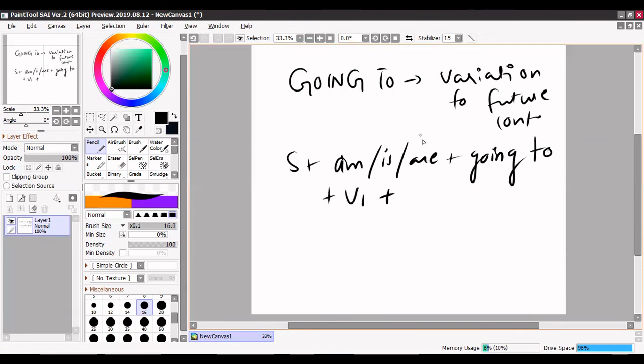Okay, so instead of present continuous, we are going to cover the going to formula. This is also part of the future tense, but it's a specific form that we'll stick to. When we're changing it into passive, it becomes subject plus am, is, are plus going to be plus verb third form plus object.